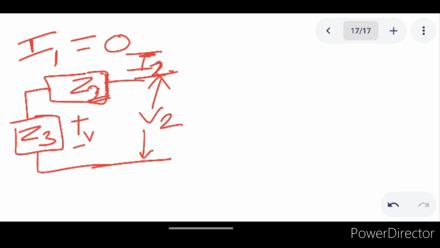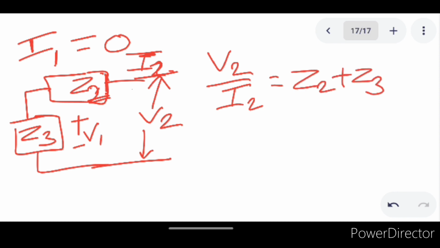This will be your V1. Now what will be your V2 by I2? Can you tell me? Z2 plus Z3. Now what is V1? I2 into Z3.